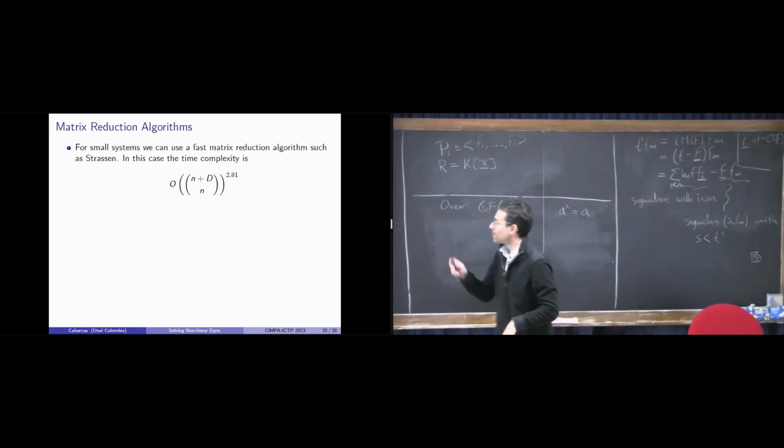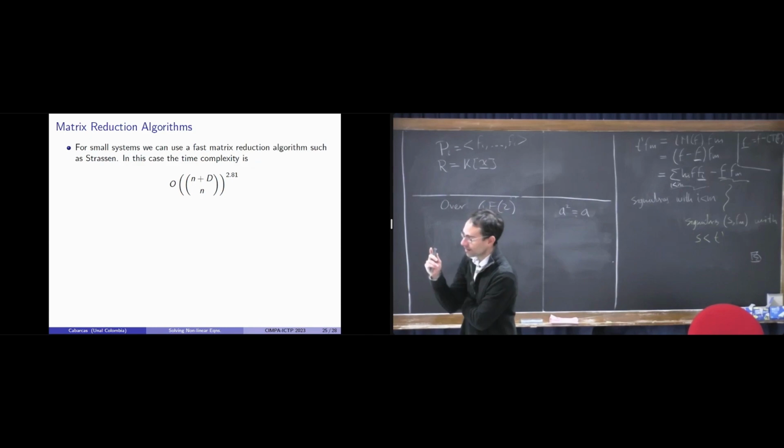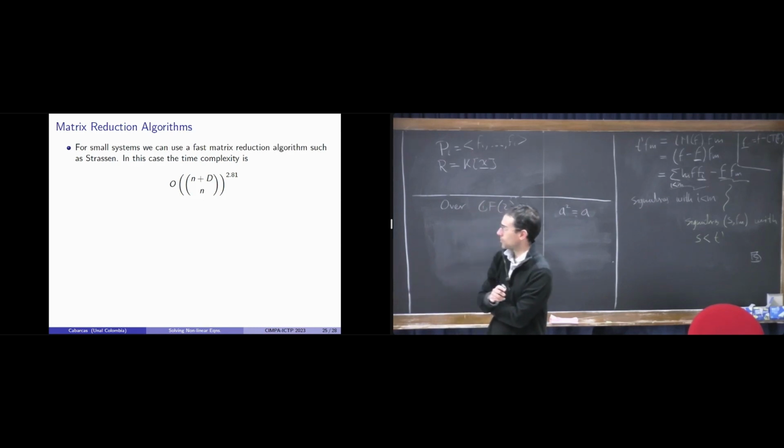For small systems, we can use fast matrix reduction algorithms such as Strassen. Strassen is not the best, but it works very well. It's very practical. It is relatively easy to implement.